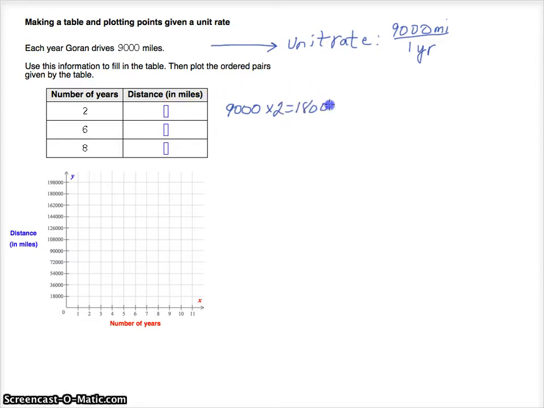And you'll just put that in your little blue box here. For 6 years of driving, we'll say 9,000 times 6. And that is going to be 54,000 miles.